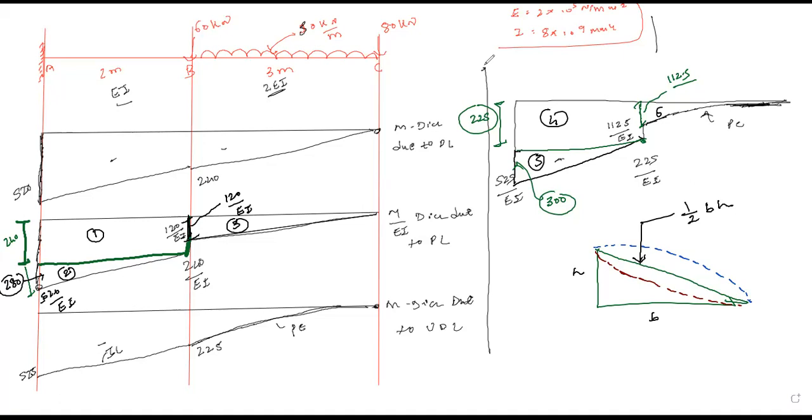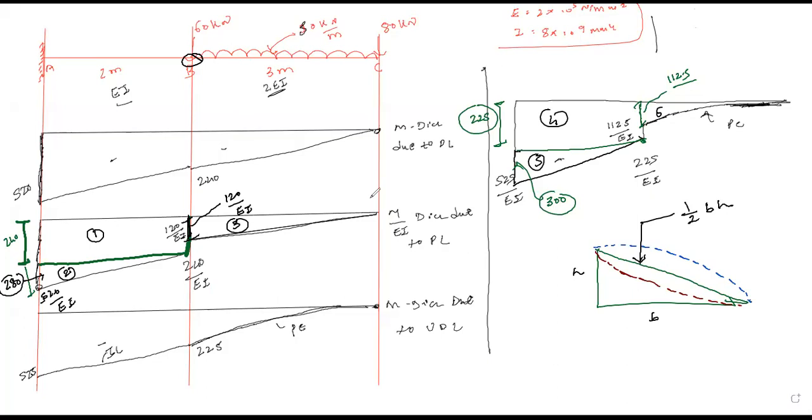Listen to me carefully. To calculate slope at any point, we need to calculate the area of the M by EI diagram between 2 points. Suppose I am interested to calculate slope at point B. We need to consider the area of the M by EI diagram between B to A. Everybody with me, please confirm me. Don't give me the answer now, first understand me.